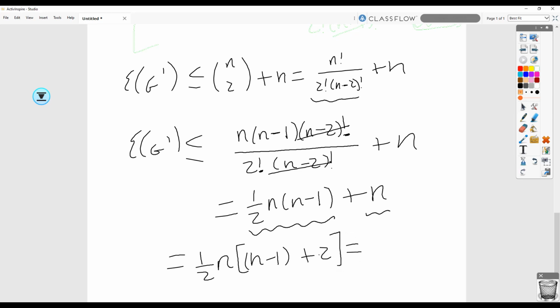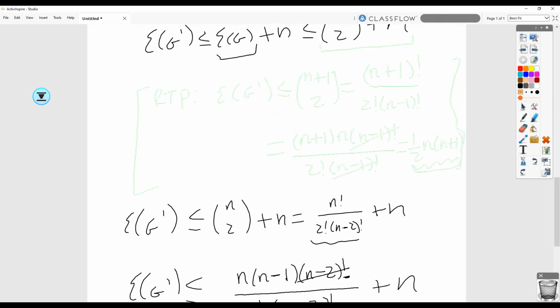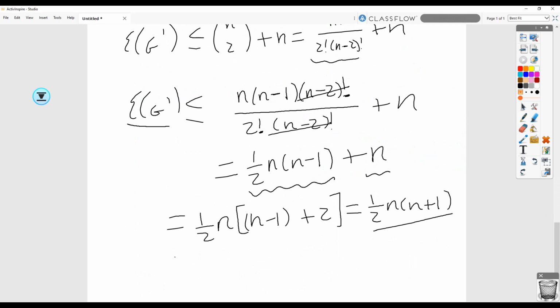Sorry about that. 2 minus 1 is 1, so we have half n times n plus 1. So that means that E of G dash is less than or equal to half n times n plus 1, which we proved earlier is equivalent to saying that, because half n times n plus 1 is the same as n plus 1 choose 2, we have E of G dash is less or equal to n plus 1 choose 2.